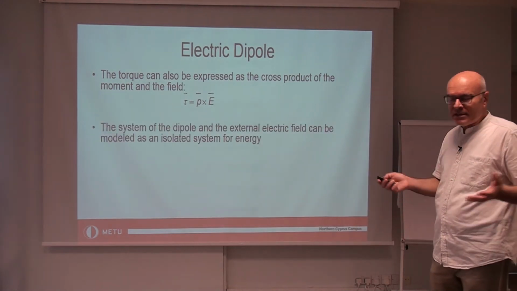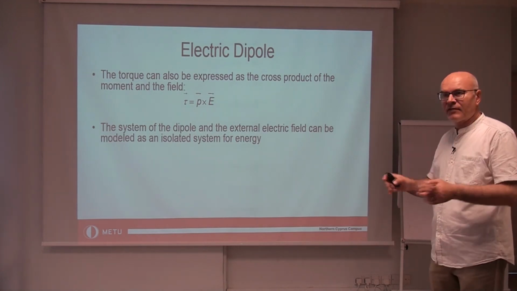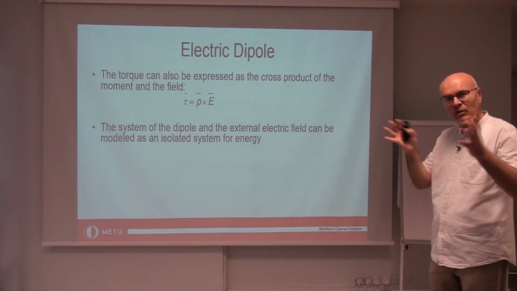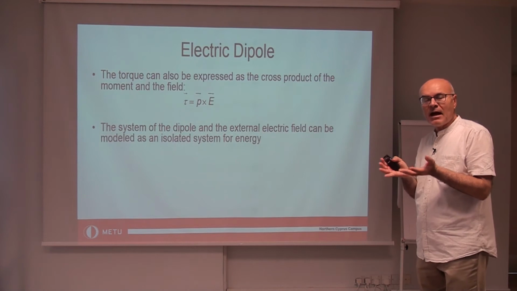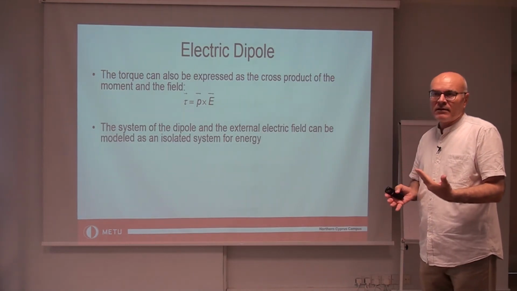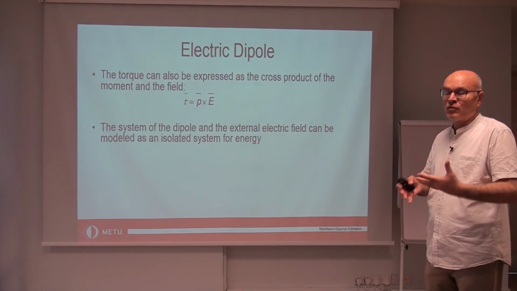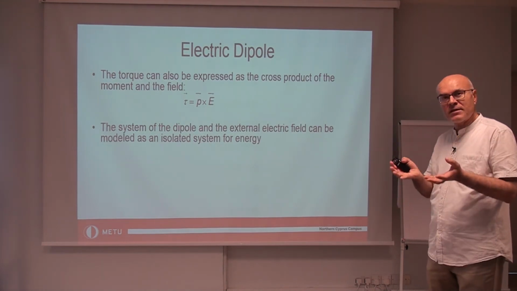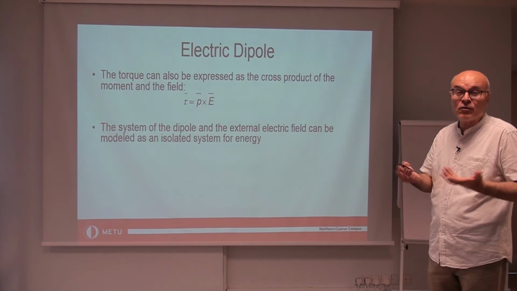Now this system, if you think of a dipole placed in the electric field, this whole field plus the dipole can be thought of as an isolated system. The electric field is a conservative field, so the forces that are acting are actually conservative forces.